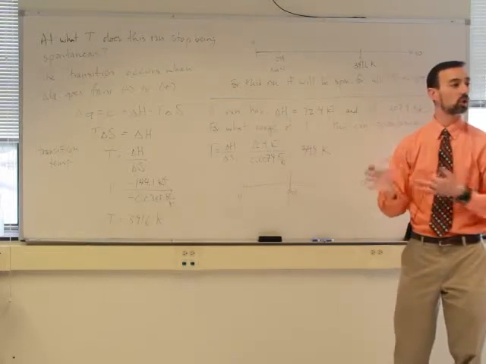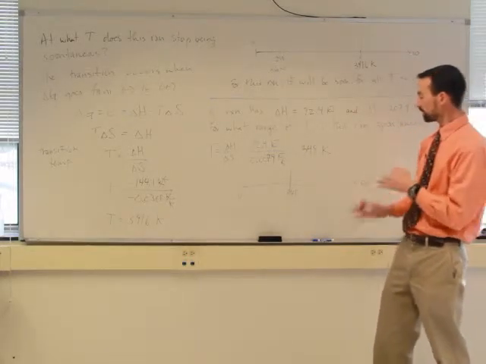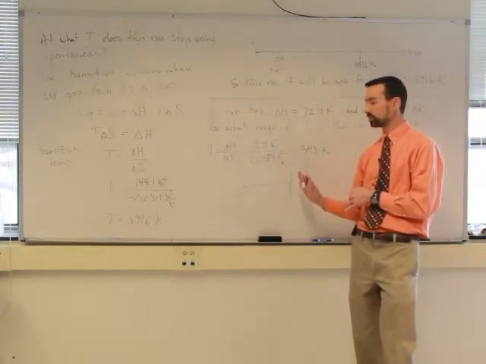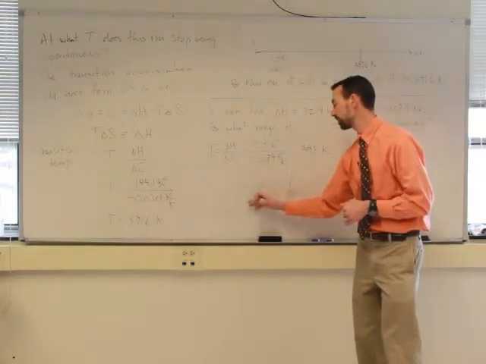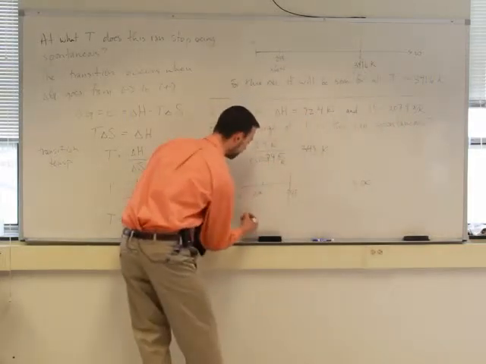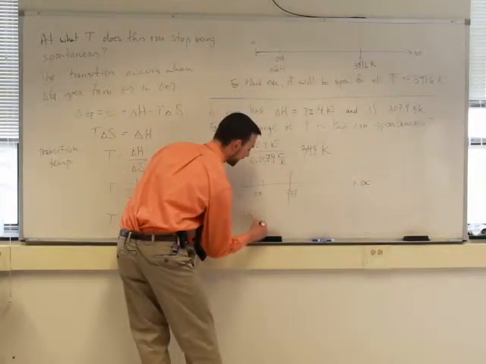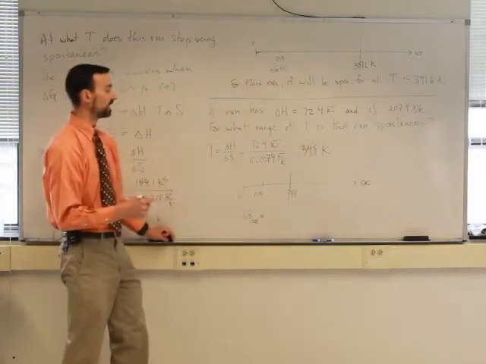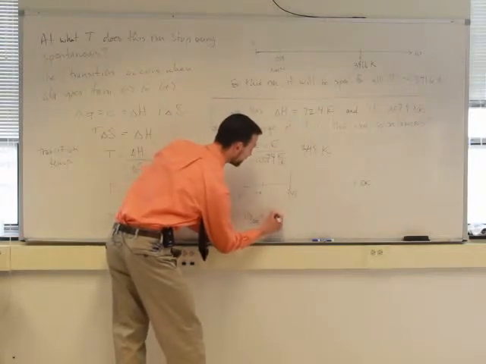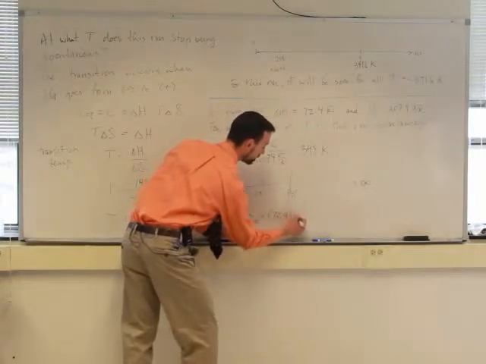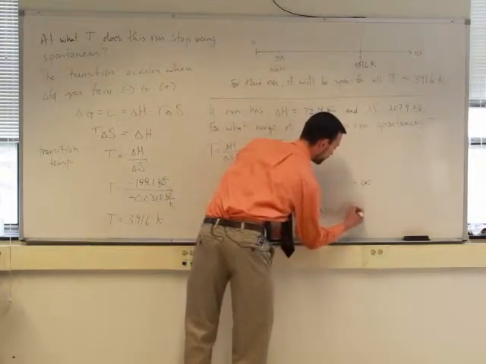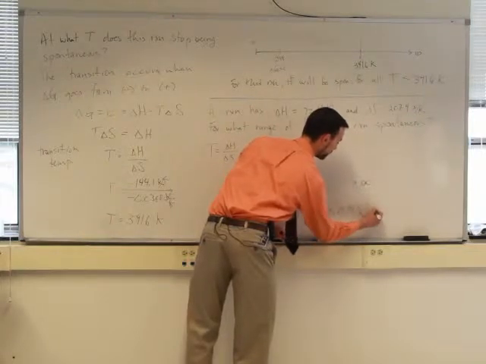Now we need a test on one side or the other. Don't test like 347, okay? What if you made some rounding error? Move away from this, maybe like down to 200. Let's test 200. And what I mean by test is let's find delta G at that value. So delta G for this reaction at 200 would be the delta H, 72.4 kilojoules, minus temperature, 200 Kelvin, times the 0.2079 kilojoules per Kelvin.